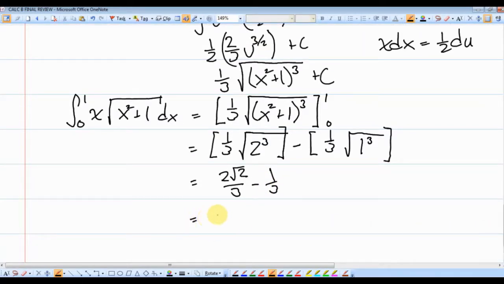I guess you could write it as 2 root 2 minus 1, the entire thing over 3. Take a quick pause here so you can catch up.